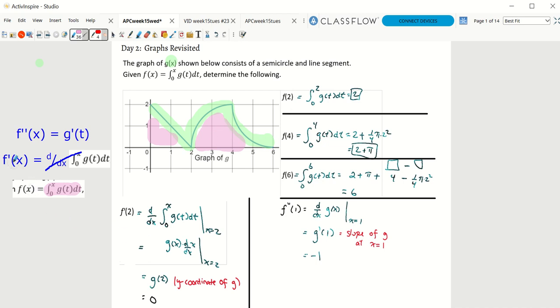Now, when you take f single prime, the first derivative, you also take the derivative on this side, and the derivative and the antiderivative cancel each other out, and you're left with g of t.